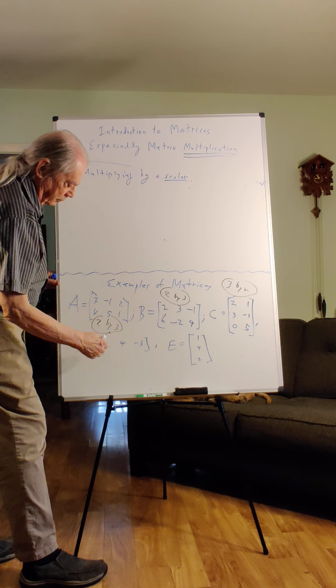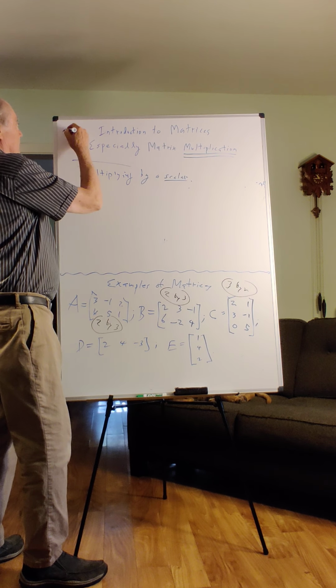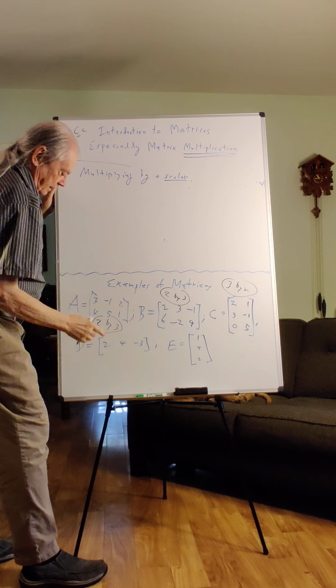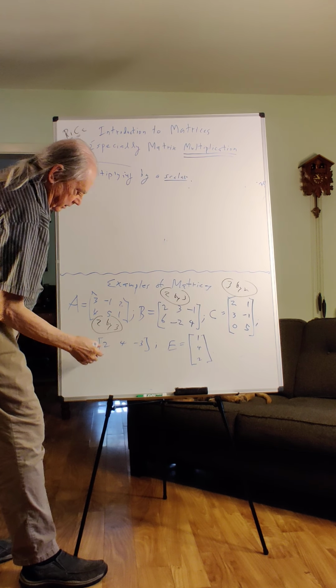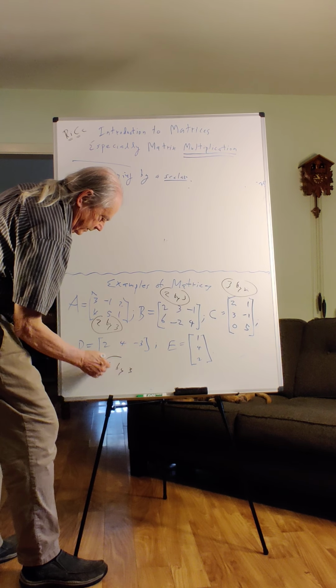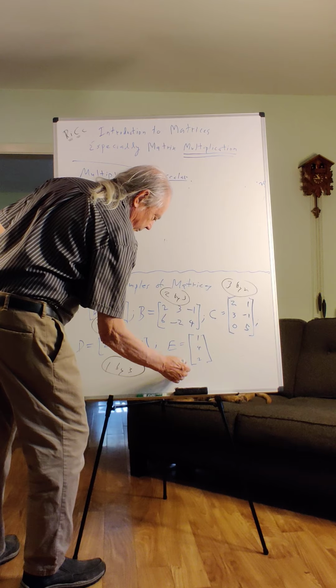Now, is this 3 by 1 or 1 by 3? Remember the word rise. So it has 1 row and 3 columns, so this is 1 by 3. And what about this one? This has 3 rows and 1 column, so this is 3 by 1.